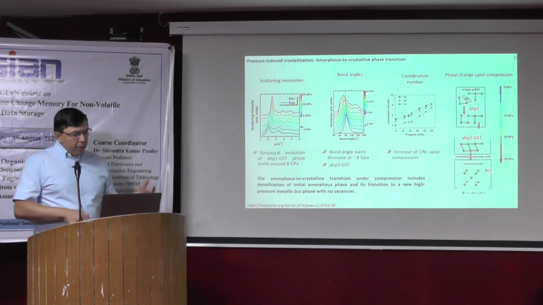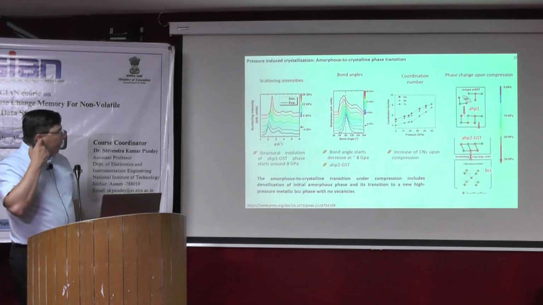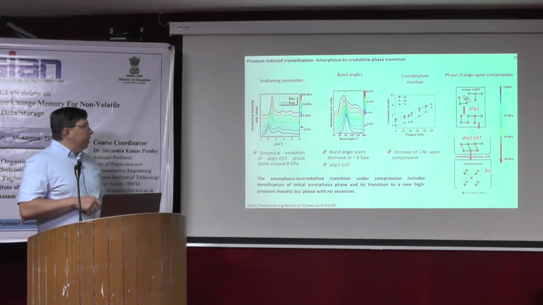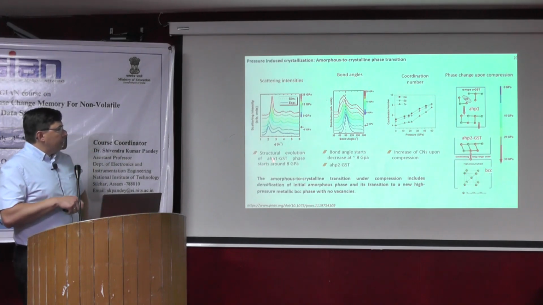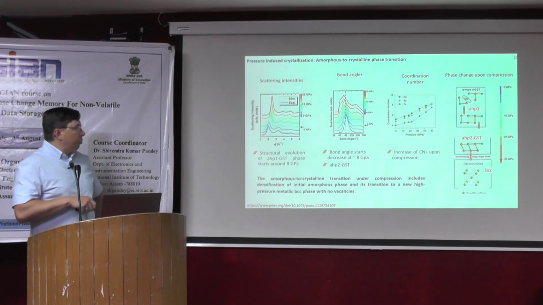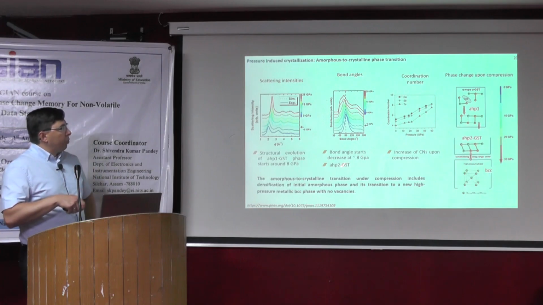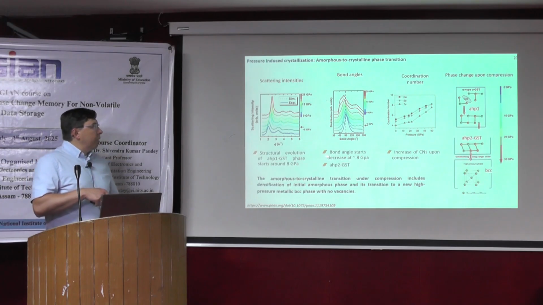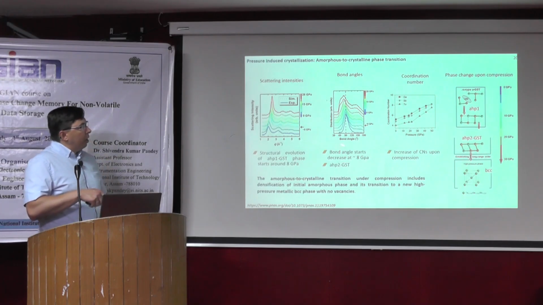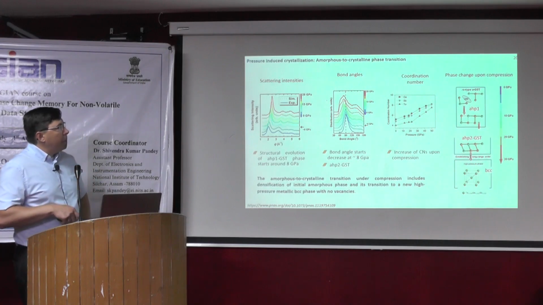Then if we increase the pressure from 8 to 28 gigapascal, this phase transforms to this dense phase. We will call it amorphous phase 1. It will be transformed to the amorphous phase 2. Here, in this state, the bond angles start to decrease at 8 gigapascal.